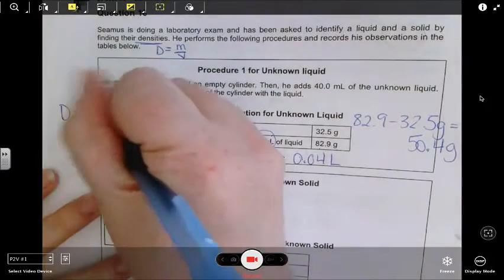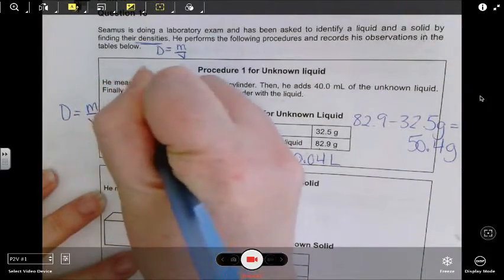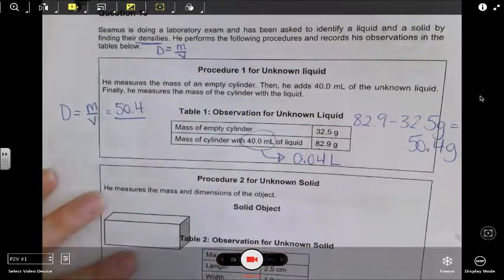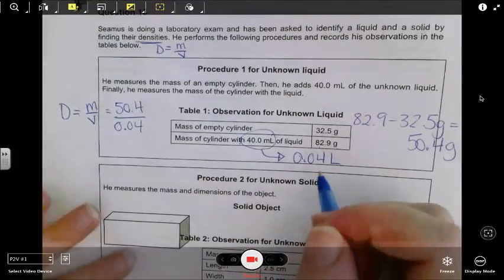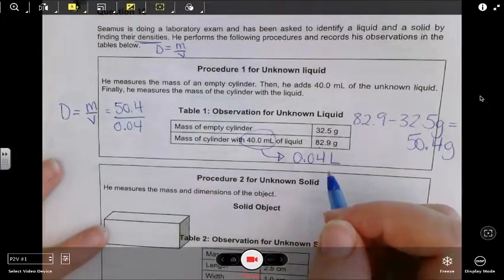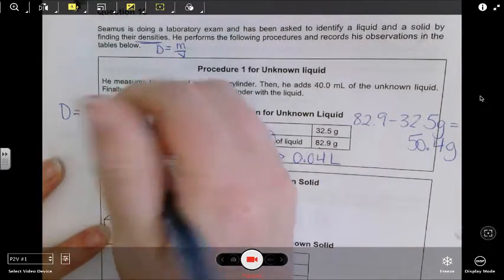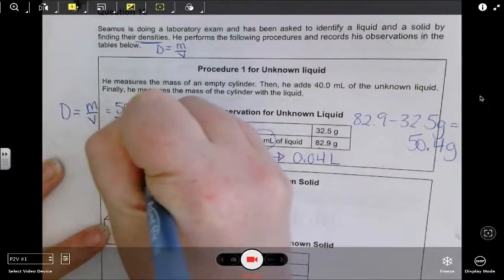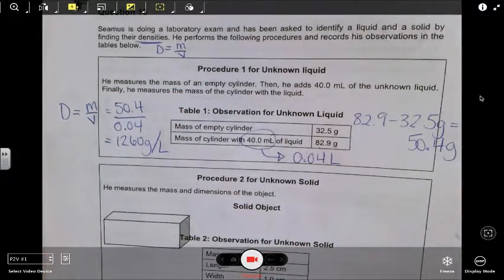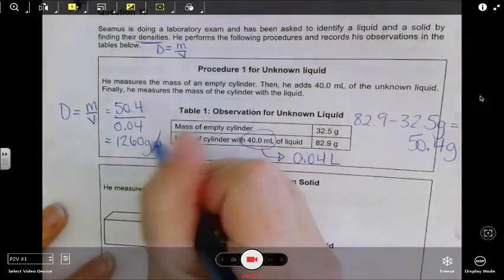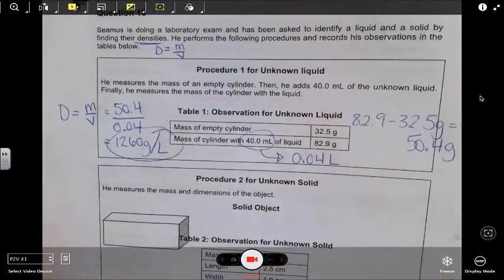So it's 50.4 divided by 0.04. Okay, so you should end up with 1260 grams per liter. Okay, so that was the first one because if you see at the bottom it says calculate the density of the liquid. So this would be one of your answers, 1260 grams per liter.